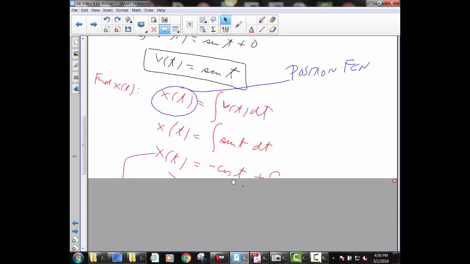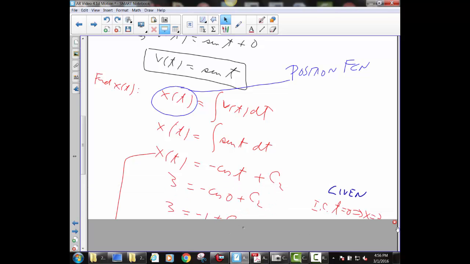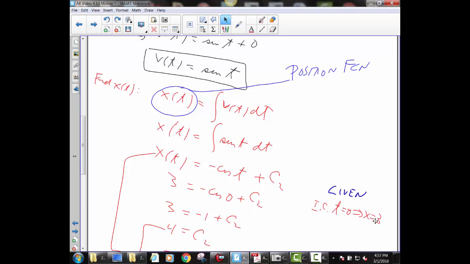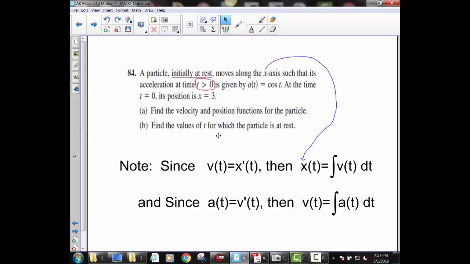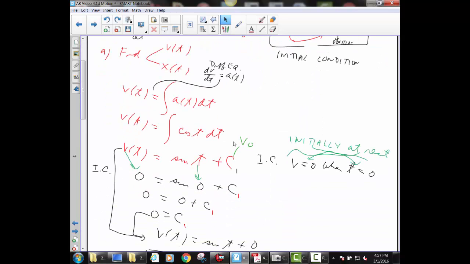The integral of sine t is negative cos t, again plus a constant, but remember that's why they gave you that information, that at t equals 0, its position is 3. They could have said its initial position is 3. Initial means at time t equals 0.